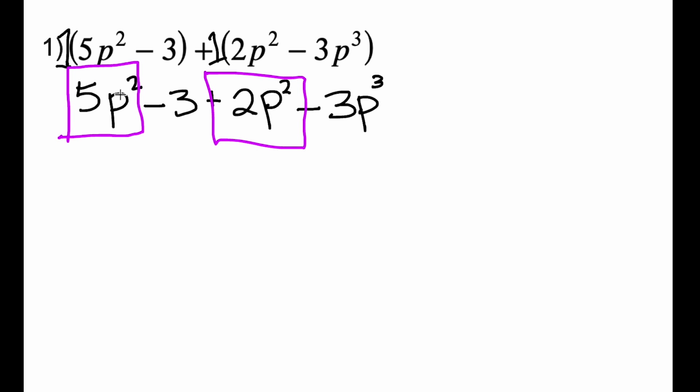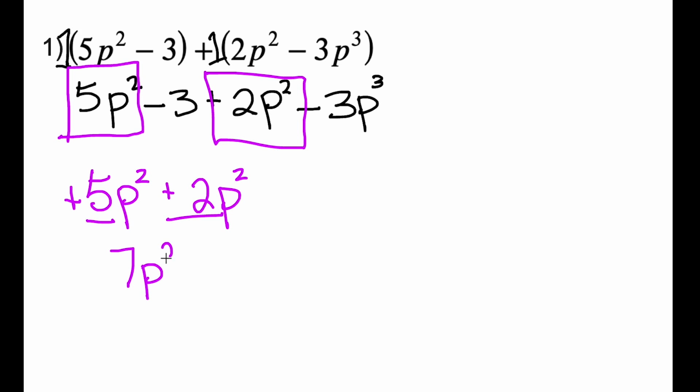Those terms are alike because p squared and p squared are both to the exponent of 2. So these terms will be added together. Add the coefficients, not the exponents. Positive 5 and positive 2 give you 7 times p squared.